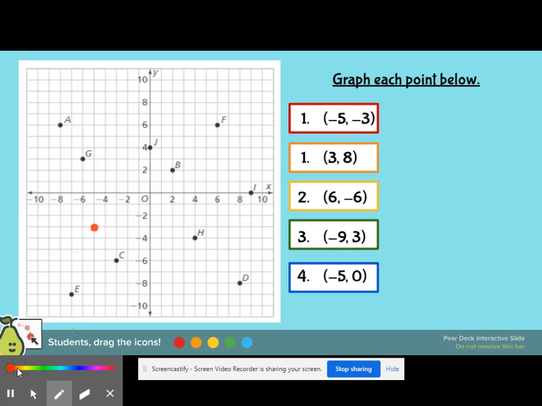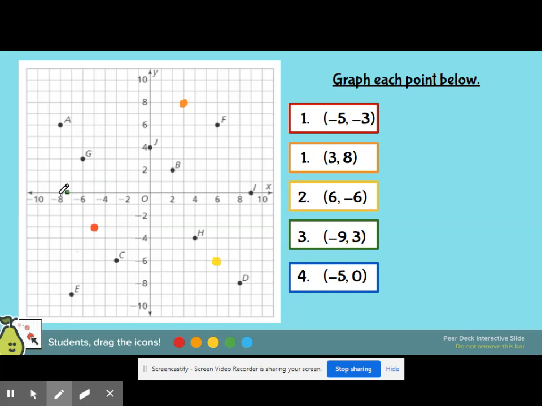Okay, orange. Orange is over 3, up 8. Yellow is over 6, down 6. It's very easy when they're labeled for us. Green is negative 9.